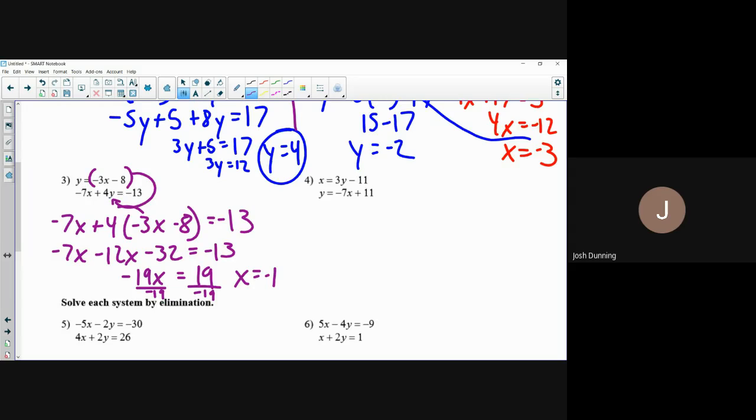And then again, we got one variable, we need the other. Negative 3 times negative 1 is 3. 3 minus 8, negative 5.